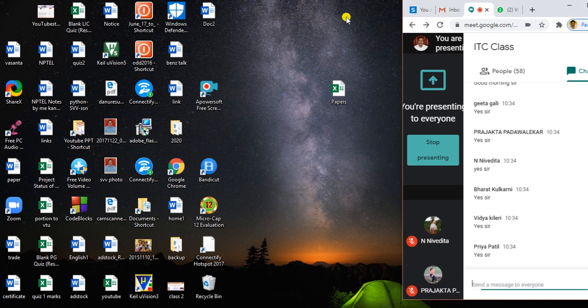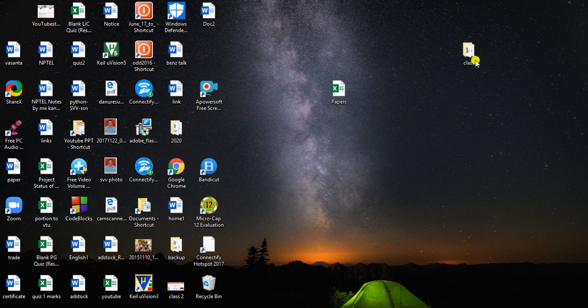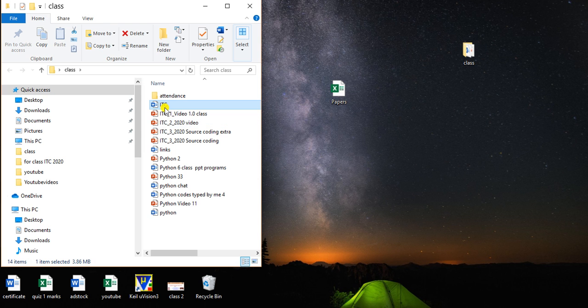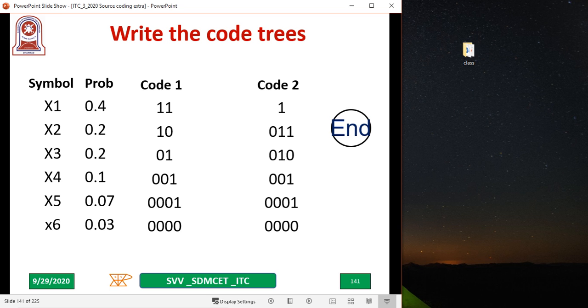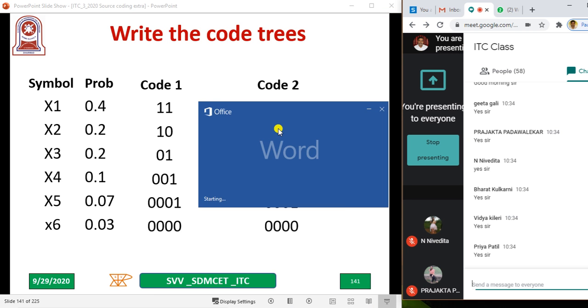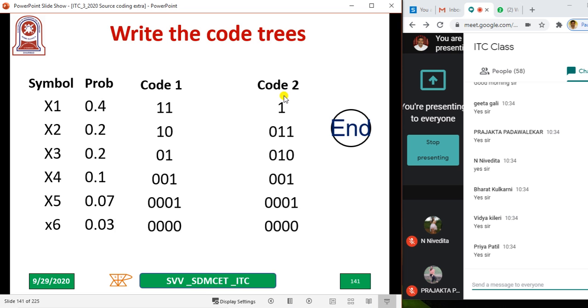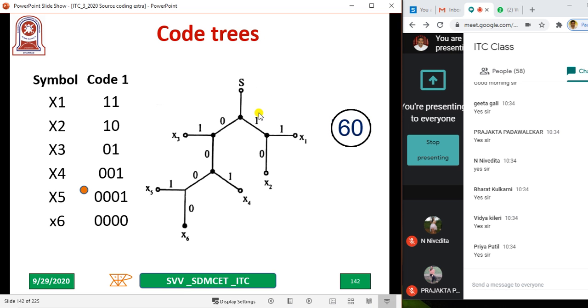Hope all have written the code tree. So now I'll show you the code tree. Go through. So it's a code tree. You can compare what you got with this.